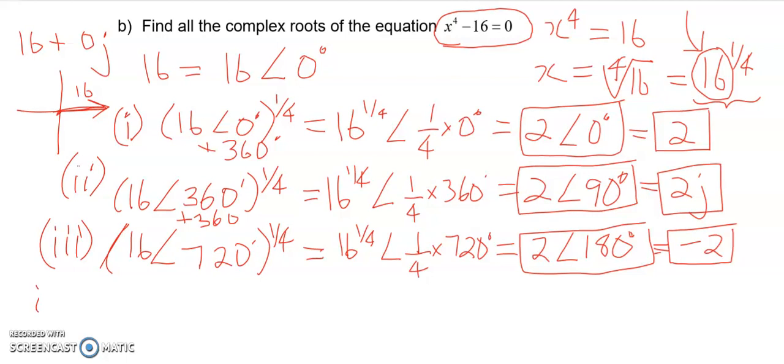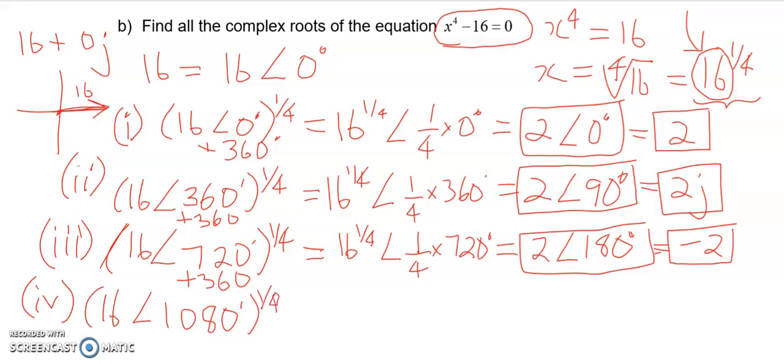So the last root, number 4, is still going to start with a 16. Add 360 to the last angle that you used. So that would be 360 plus 720 is 1080 to the power of 1 over 4.